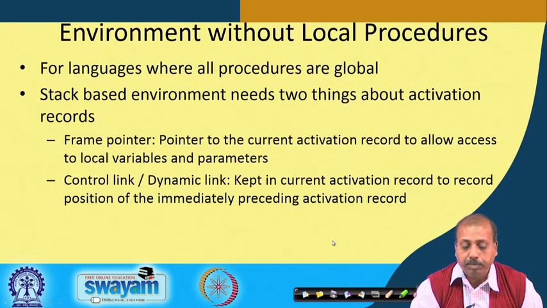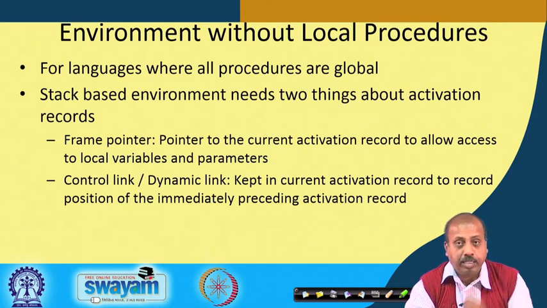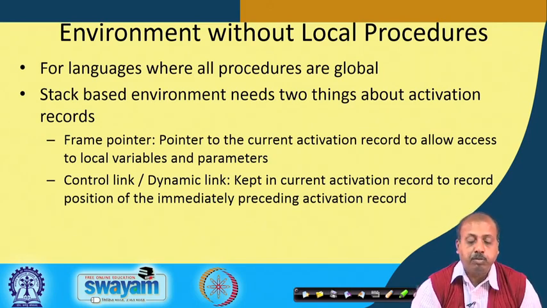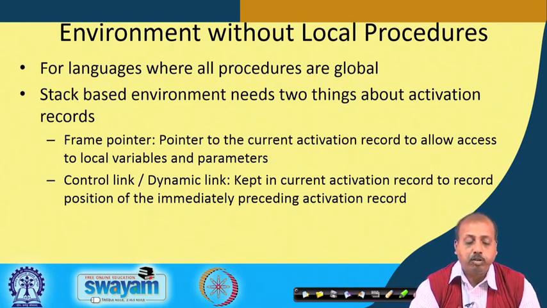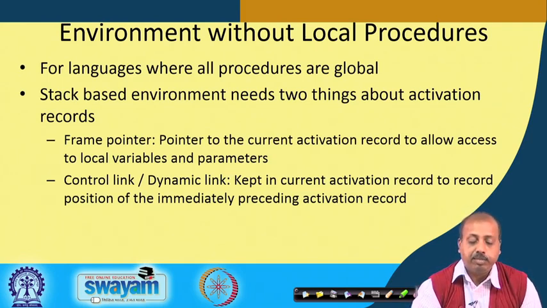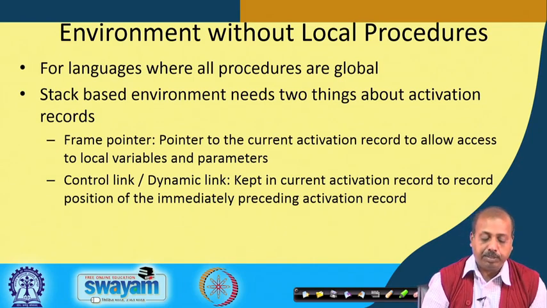First, we look into the simpler version, where we do not have the local procedures. All the procedures that we have are global in nature, so you cannot have one procedure definition nested within another procedure. All procedures are global, and stack based environment will need two things: one is the frame pointer, another is the control link or dynamic link.